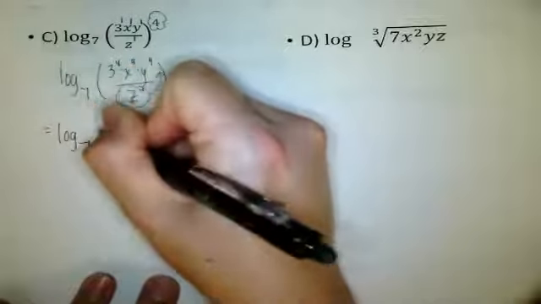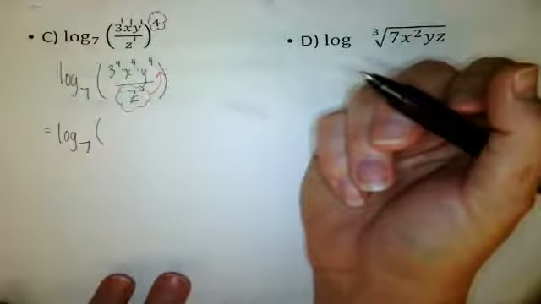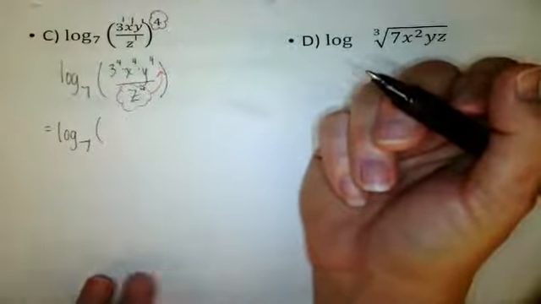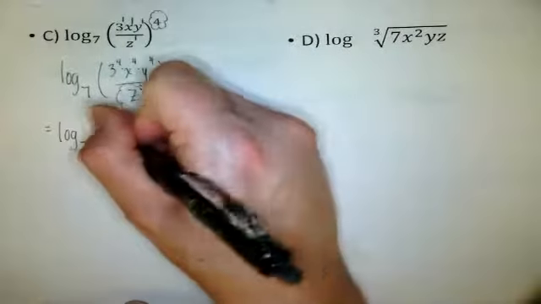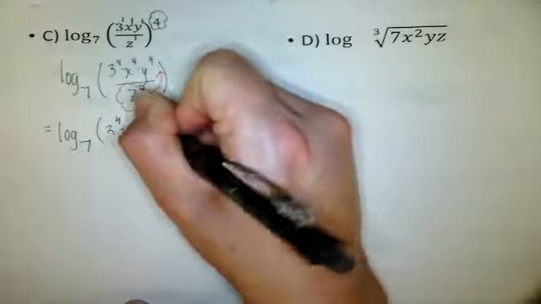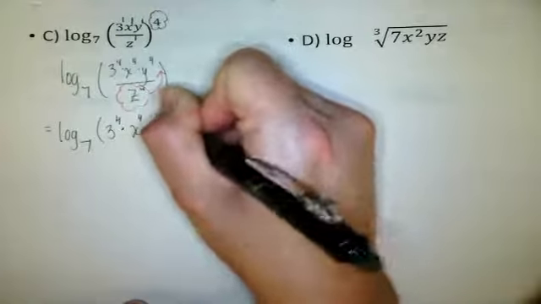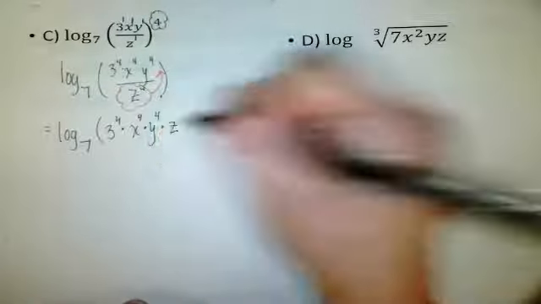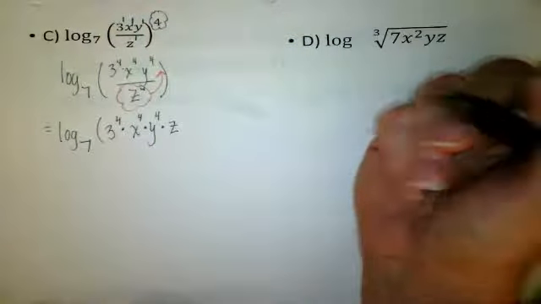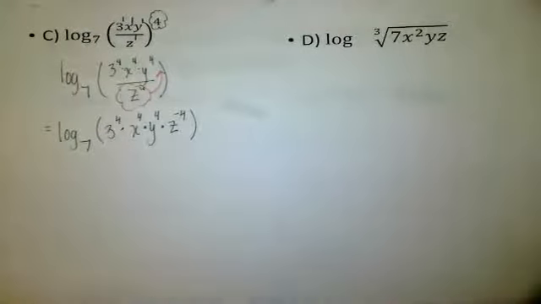And how do I move it out? Making the exponent negative, yeah. So 3 to the 4th times x to the 4th times y to the 4th times z to the negative 4th. Very good. So lift it out of the denominator and change that sign to a negative.